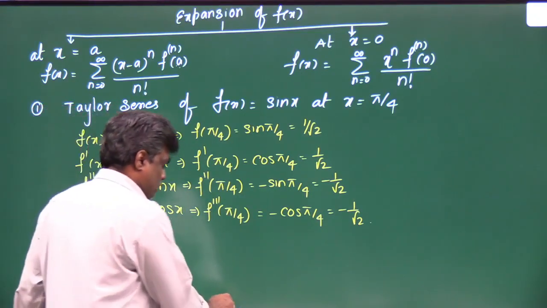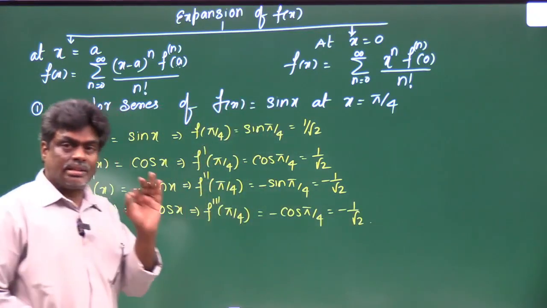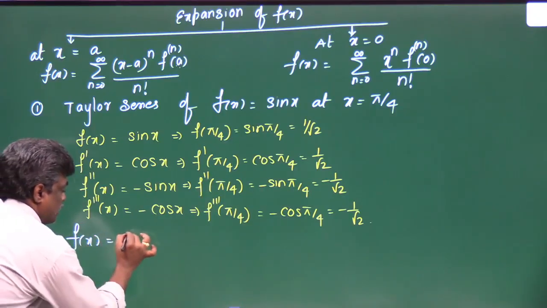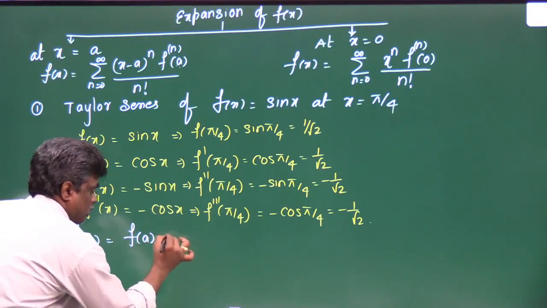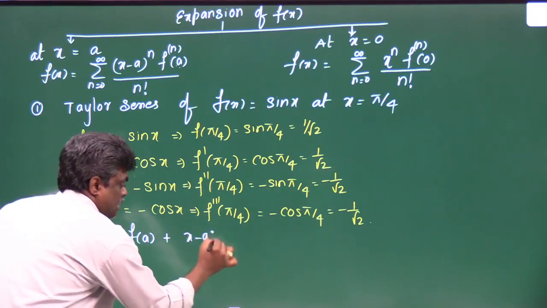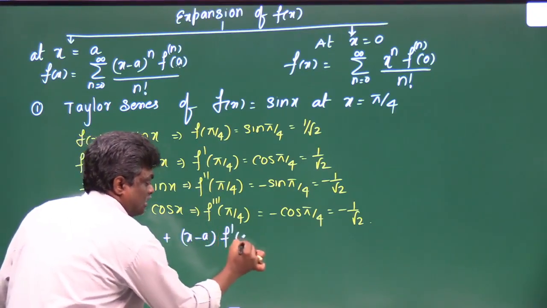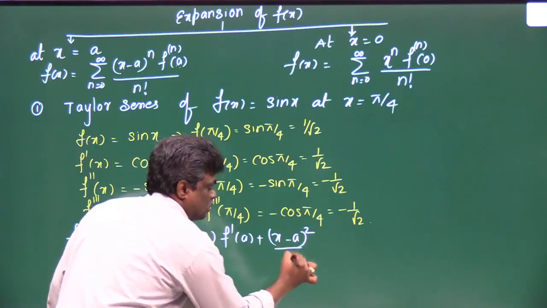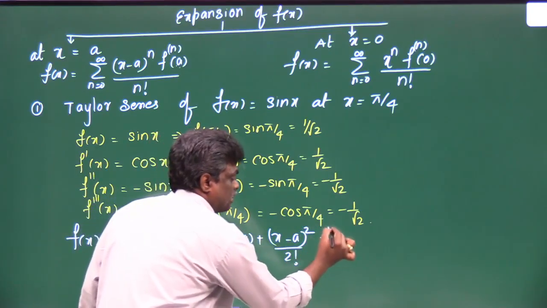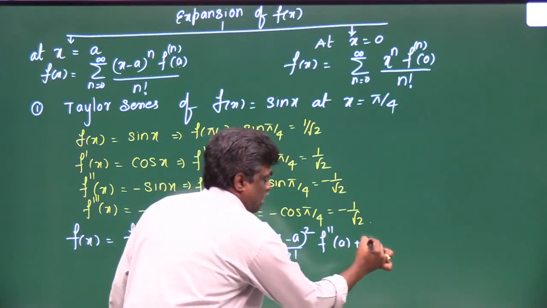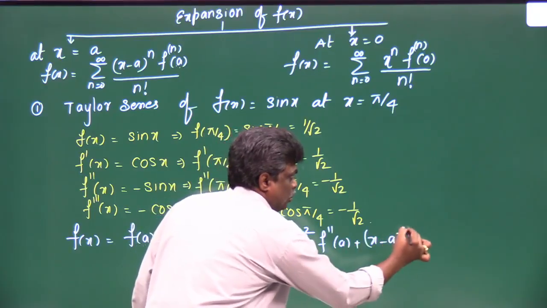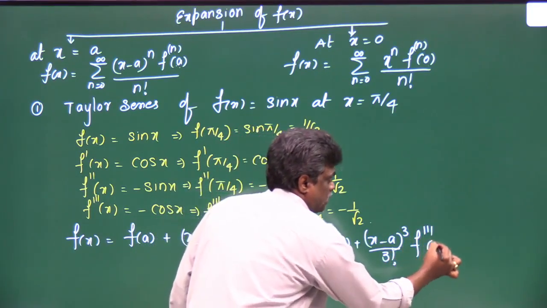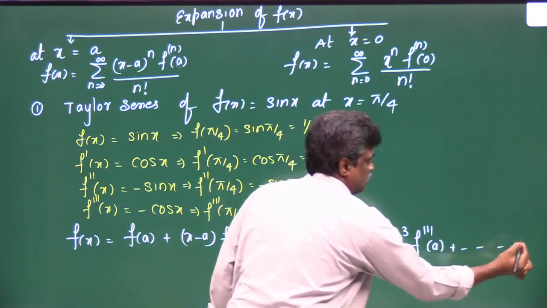So once you got all these things, first write the Taylor series formula, that is f of x equal to f of a plus (x minus a) into f dash of a plus (x minus a) whole square by 2 factorial into f double dash of a plus (x minus a) whole cube by 3 factorial and the triple derivative of f at x equal to a.